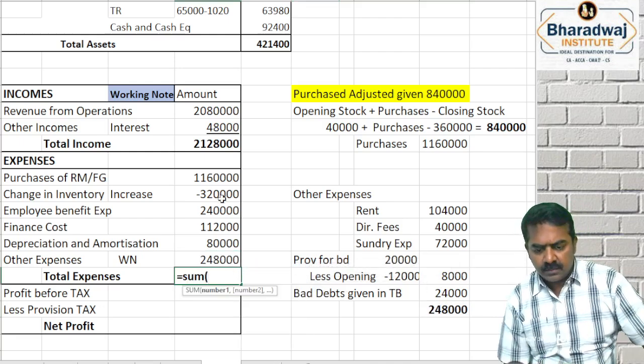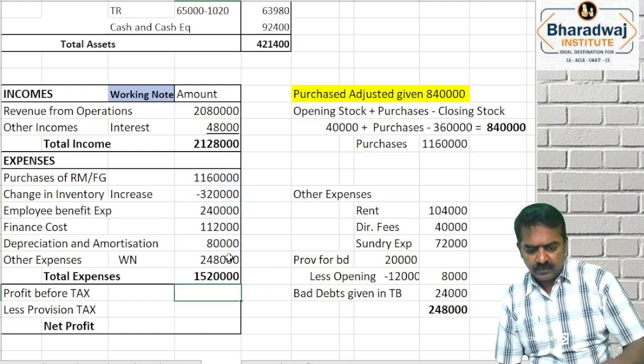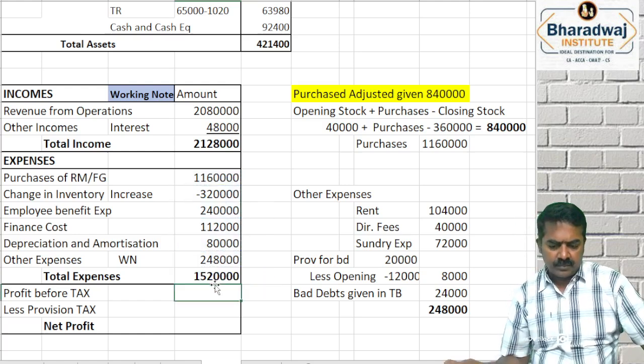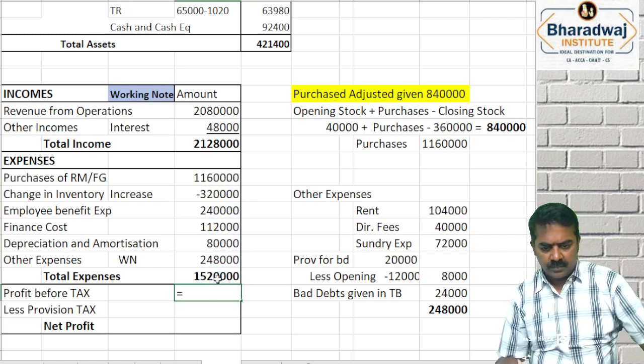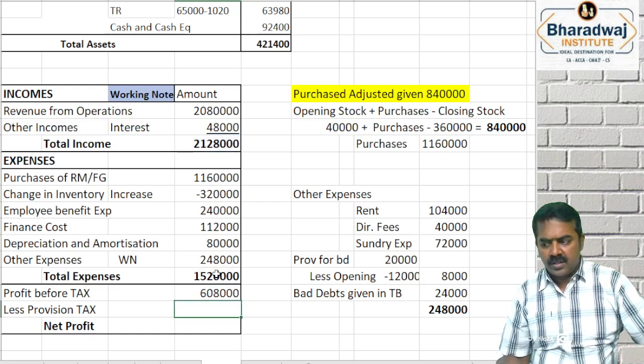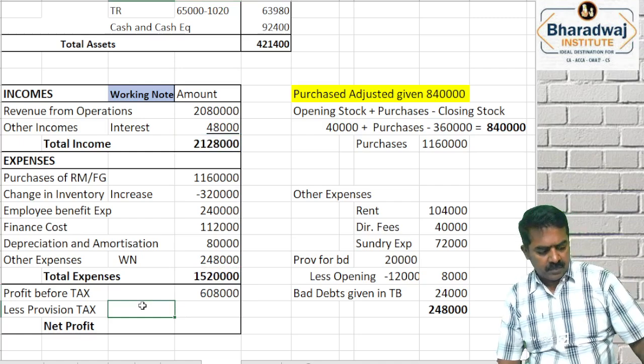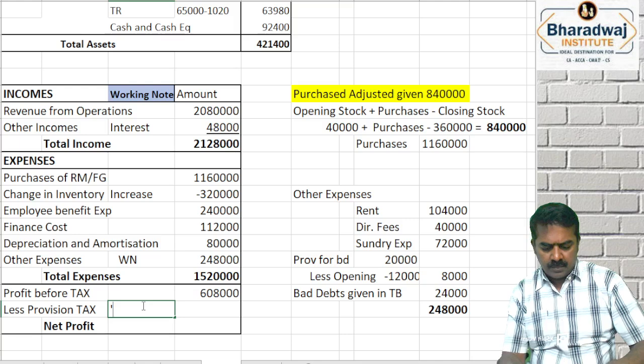Now total this. What is the tax rate? 30%.